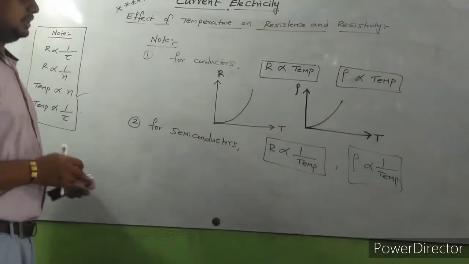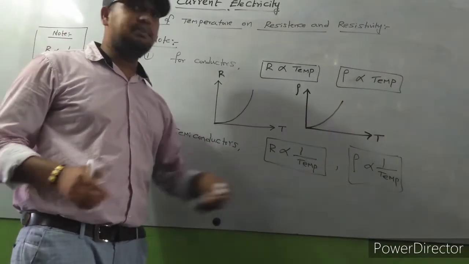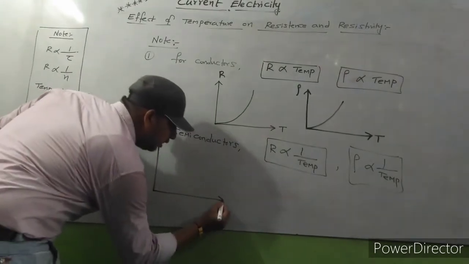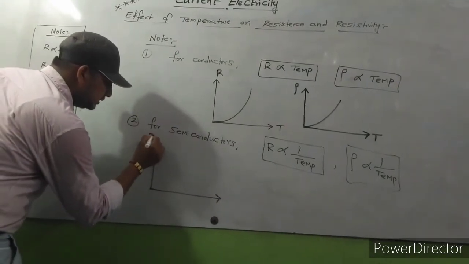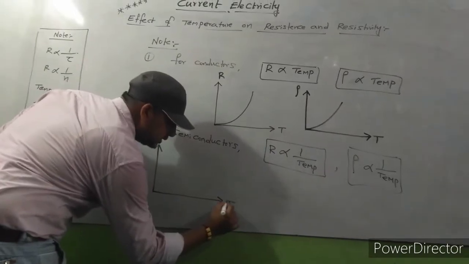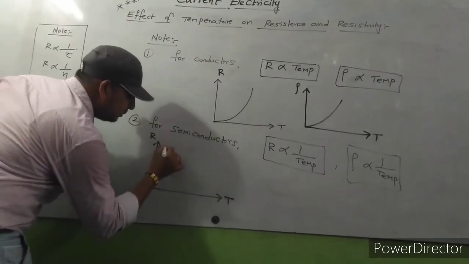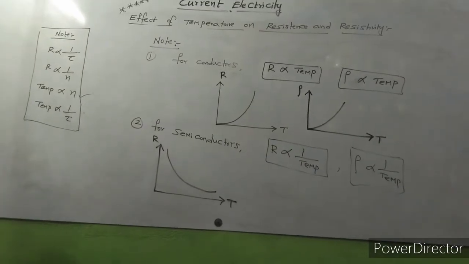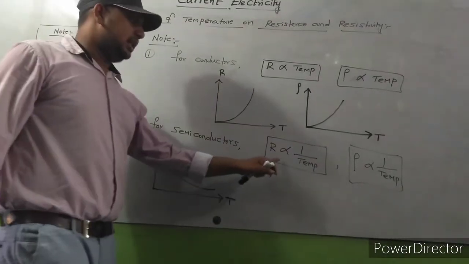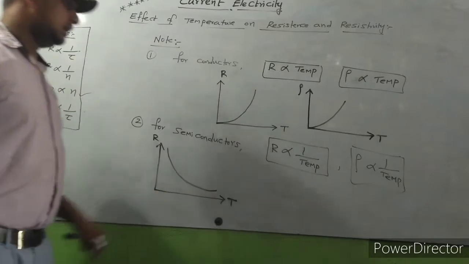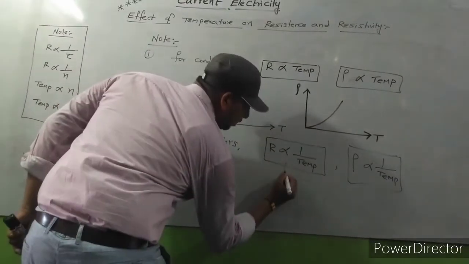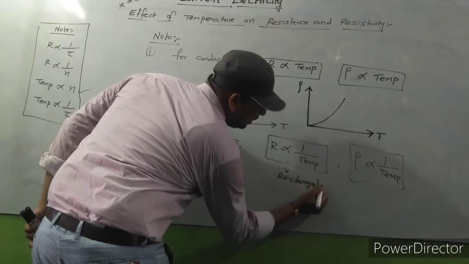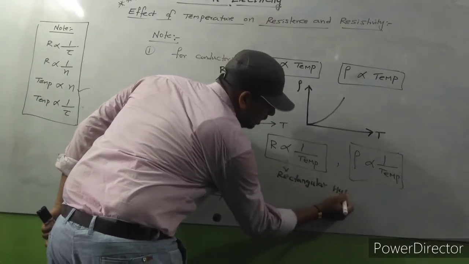For semiconductors, resistance is inversely proportional to temperature. If you draw the graph with resistance and temperature, inversely proportional means we get a rectangular hyperbola. The graph is a rectangular hyperbola.